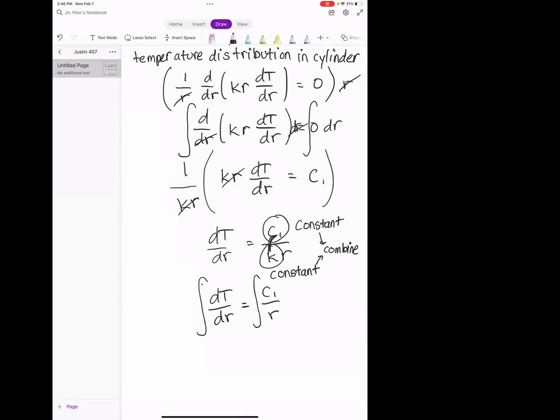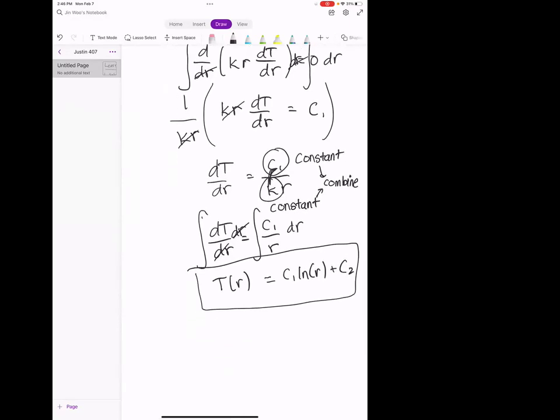All right, so the next step, we're going to integrate this. Once again, on the left-hand side, our dr is going to cancel out, and we're left with just T of r, which is what we want. We have the integral of C1 divided by r, and that's going to be C1 ln of r. Since we're doing an indefinite integral, we have to add an arbitrary constant on that side, C2.